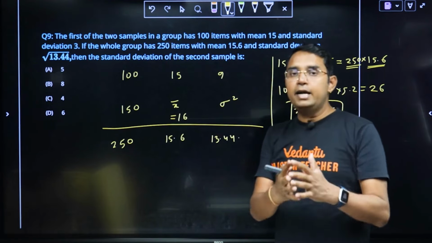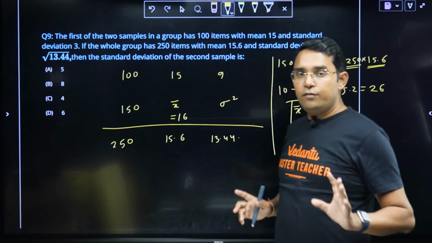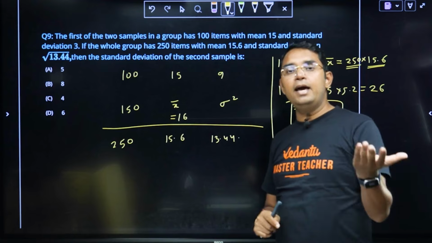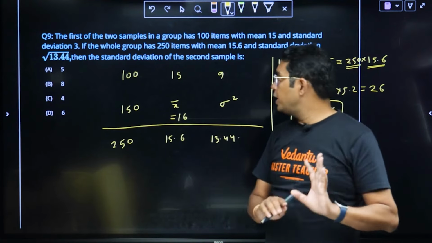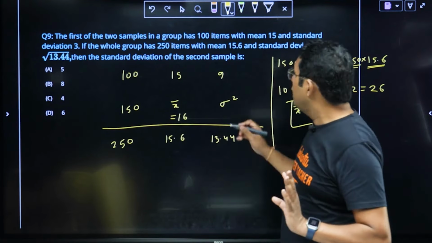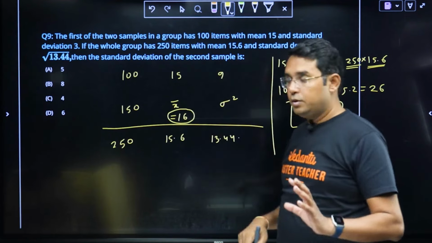To find that, I'll use a property which says that if you decrease the entire data set by a fixed number, variance doesn't change. So I'll change the entire data set such that all entries are subtracted by the mean of the second group, which is 16.